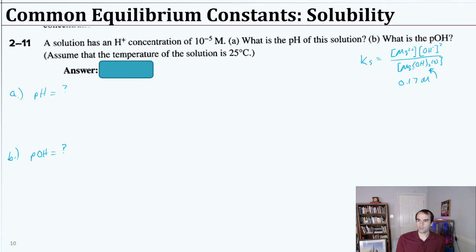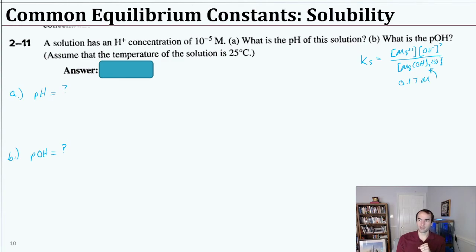If we solved for this, it's a little redundant because we already said some amount of it dissolved. I guess the answer really is it's not possible. It's not possible because it all dissolved.